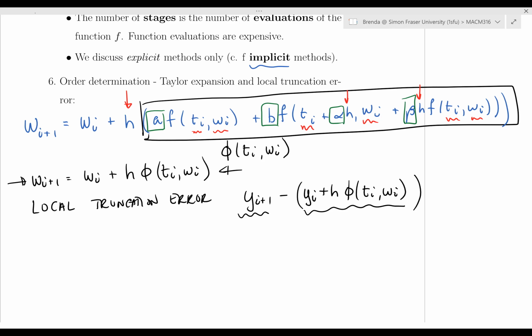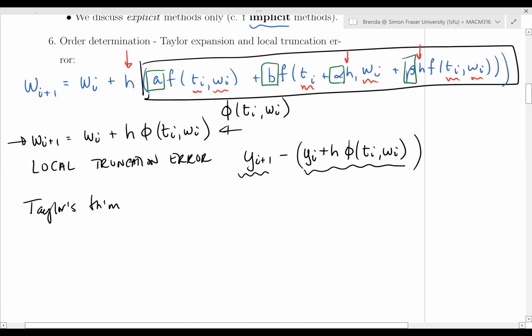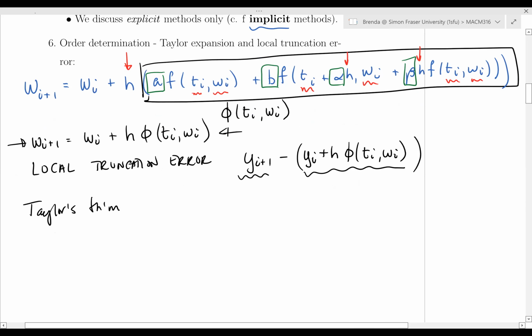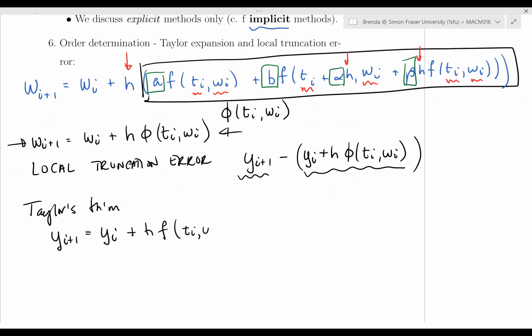I'm going to write down one more statement. Taylor's theorem here. The exact solution at time i plus one is the solution at time i plus the step size times the derivative at time i, plus step size squared over 2 times the second derivative.